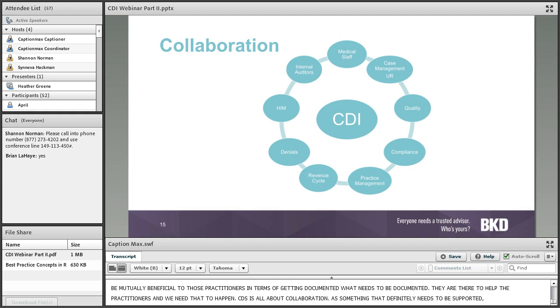They are there to help the physicians and practitioners, and we need that to happen. CDS is all about collaboration, and as a C-suite, this is something that definitely needs to be supported.